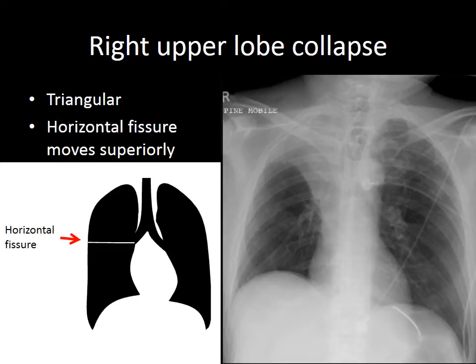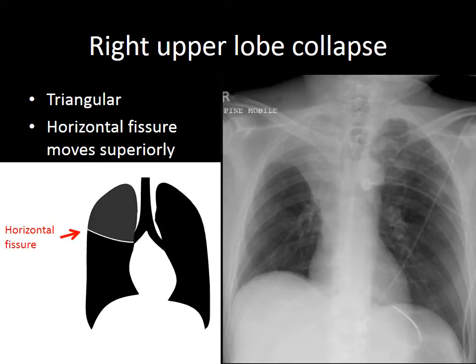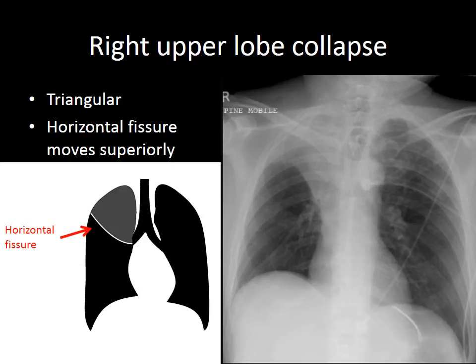Right upper lobe collapse. On a frontal chest X-ray, the right upper lobe has the horizontal fissure beneath it. As the right upper lobe collapses, the lateral aspect of the horizontal fissure rises. As the collapse becomes greater, the right upper lobe takes on a triangular appearance.